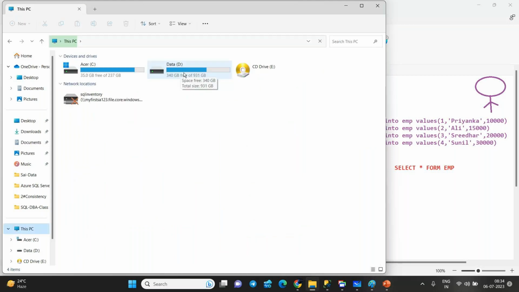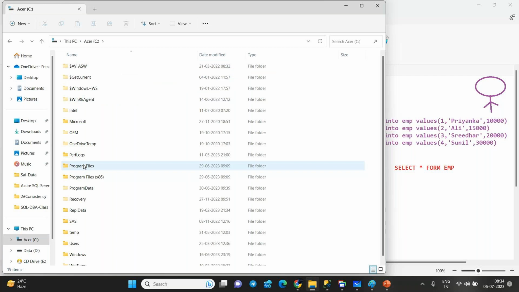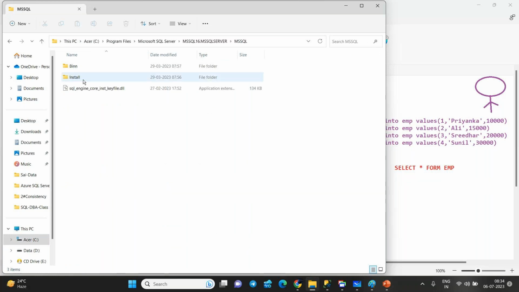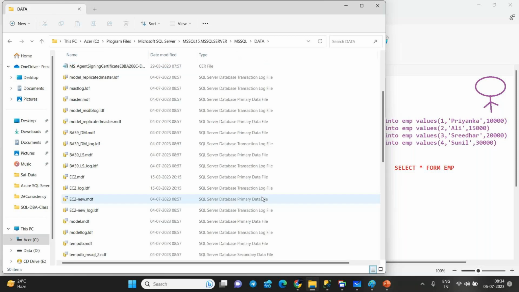Let's go to Program Files, go to SQL Server. Okay, these are the files: data files, the physical primary data file and log data file.